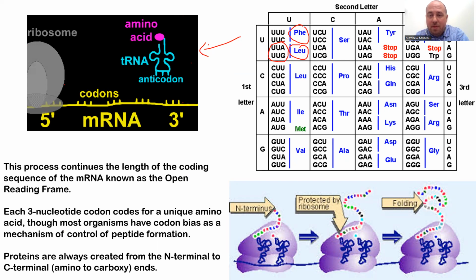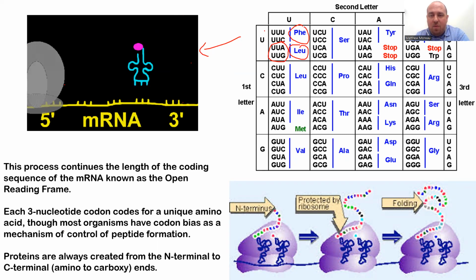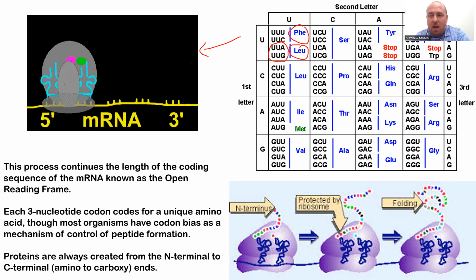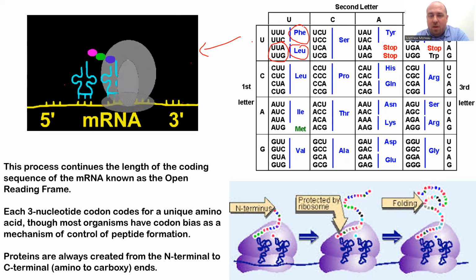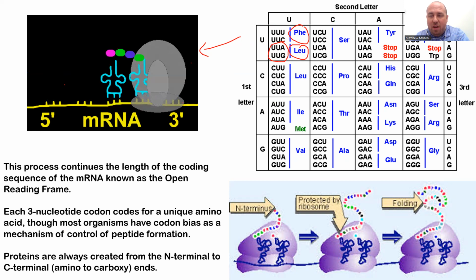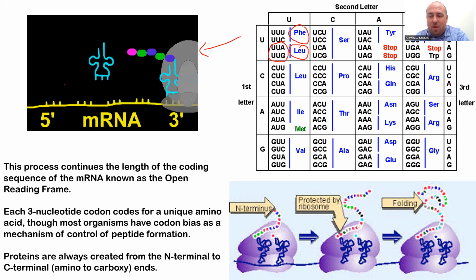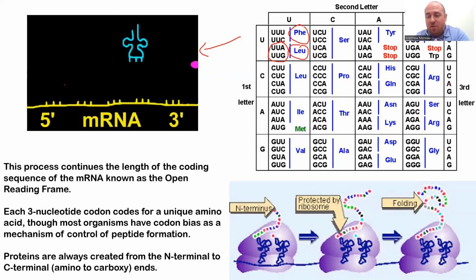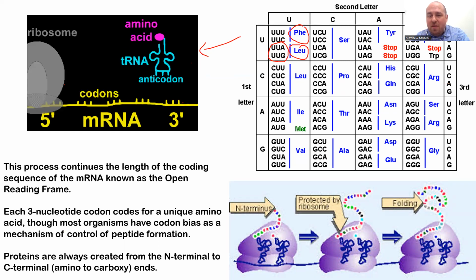I haven't done the math on this, but you basically have any combination of U, C, A, and G in three letter combinations, which is a great deal more than 20. So what this results in is having multiple codons.